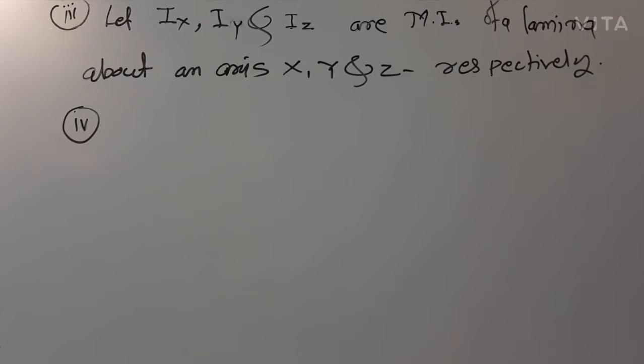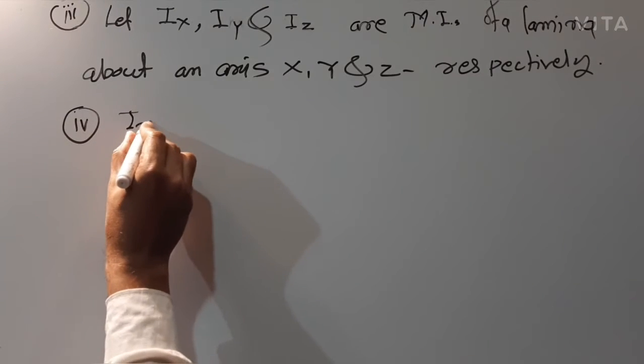Now in order to determine the EMI of a lamina about the x, y, and z axes, suppose that P is any point in the lamina at a distance r from the origin.